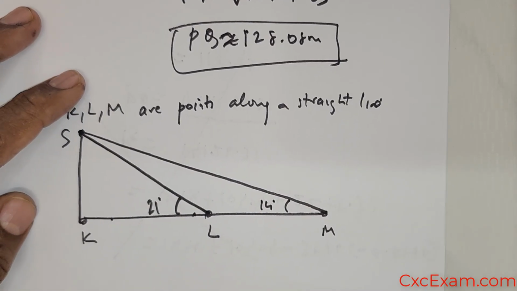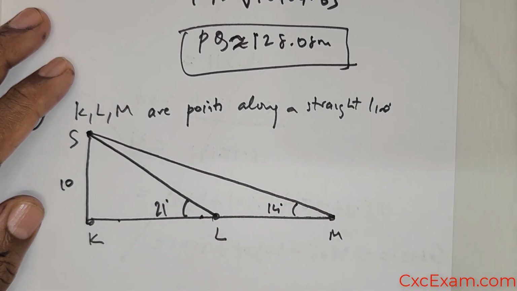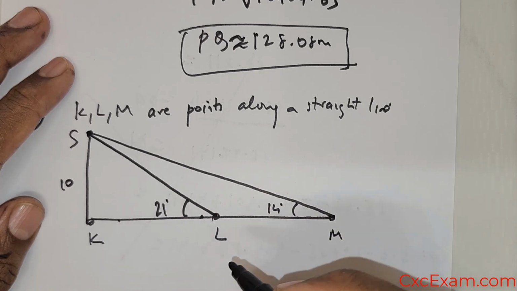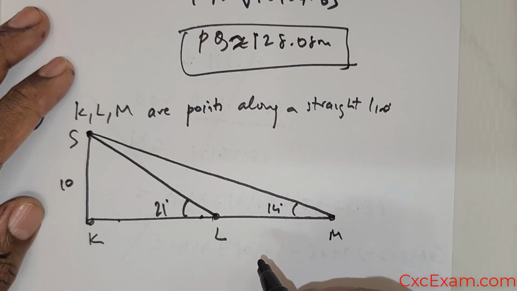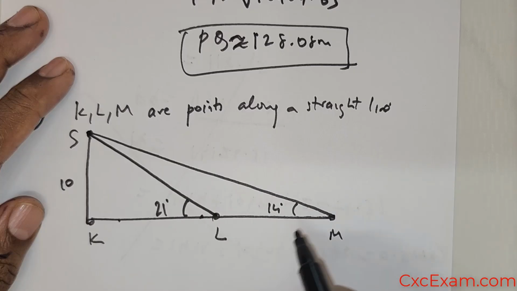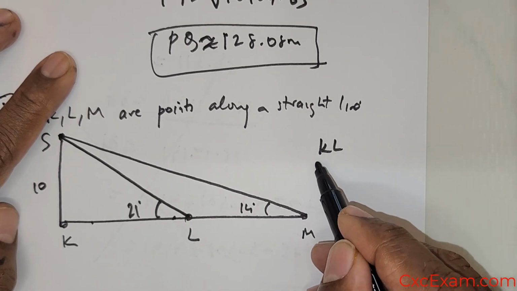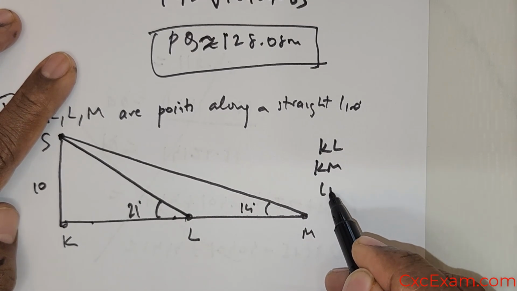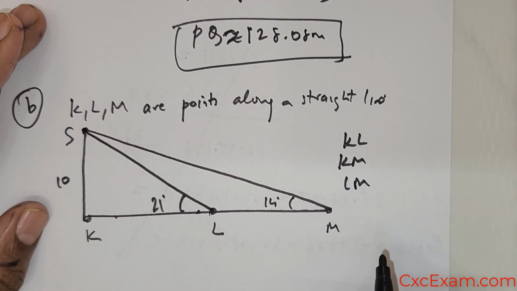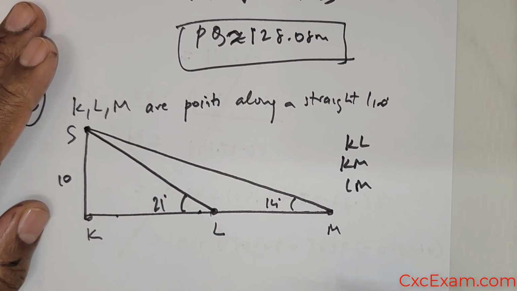The height SK is 10 meters. Now we are asked to calculate; the question can ask us to calculate KL, KM, LM. These are some of the possibilities that I am stating here.